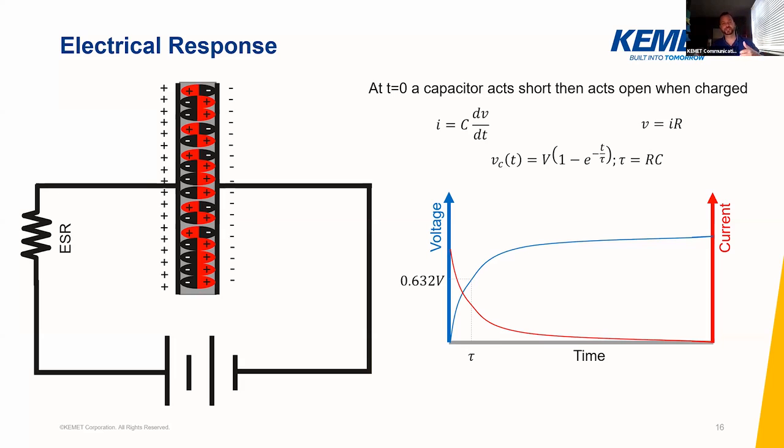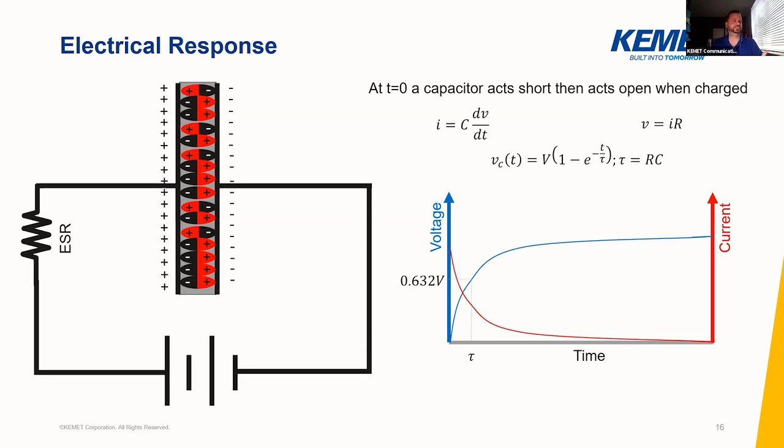So if you have what is essentially an instantaneous change in voltage, like when you close the switch on a capacitor, that will result in a spike in current. And then if you take that into account along with Ohm's law, voltage equals current times resistance, in this case ESR, you do some differential equation magic, and you come up with an equation that describes the voltage of a capacitor over time.